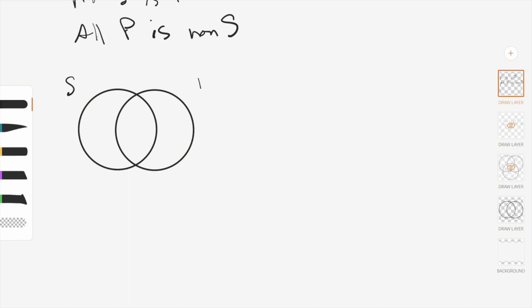So we have S and P. We have shading because the premise is universal, and the shading is the region of S overlapping P. So we'll shade this region. Okay, let's consider it shaded, all right? Now, because the conclusion is also universal, we don't have that pattern that makes us concerned about the Boolean versus Aristotelian interpretation.